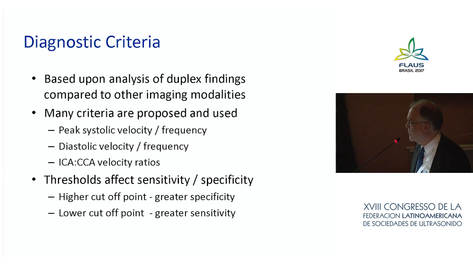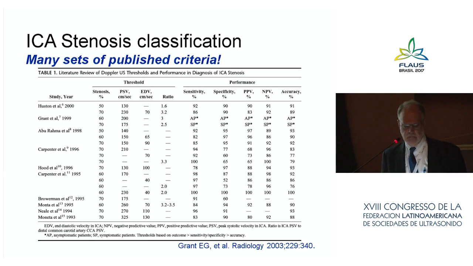And different criteria are selected: peak velocity or maybe frequency, diastolic velocity, various ratios, and what kind of thresholds you select determine the sensitivity and specificity of the examination. Just like there are many different protocols for carotid ultrasound, there are many different diagnostic criteria.